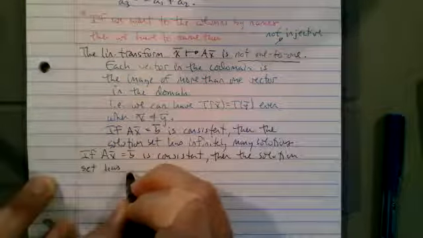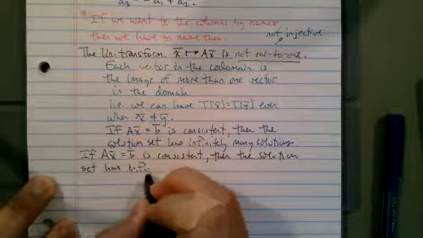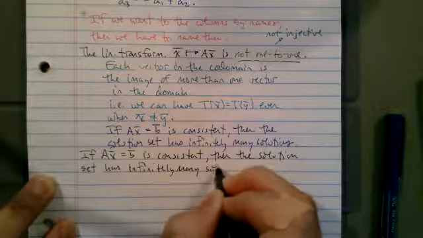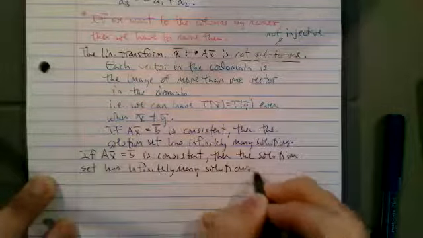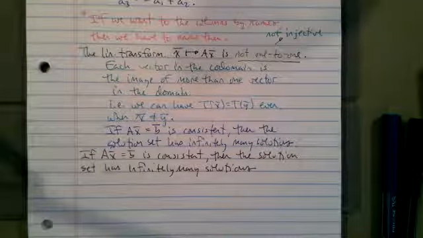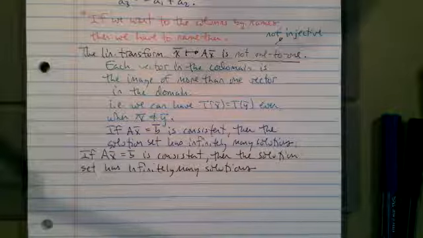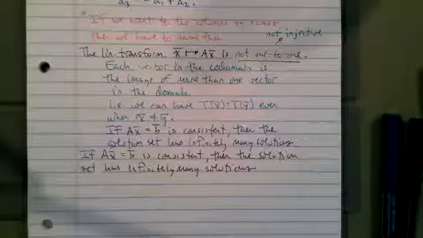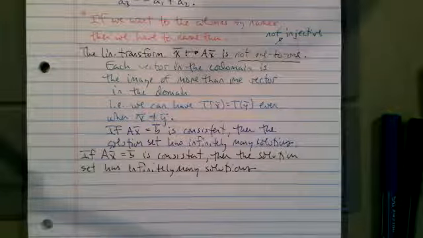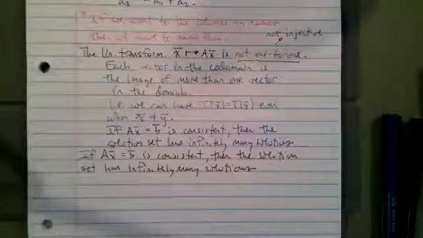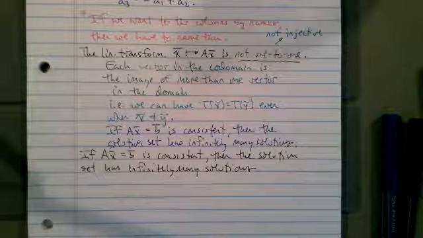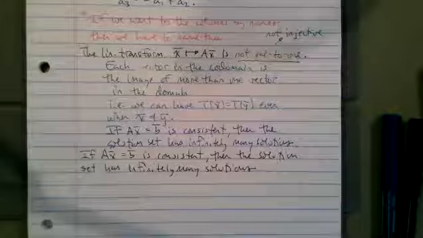A does not have a pivot in every column. The columns of A are linearly dependent. The transformation is not one-to-one. If Ax = b is consistent, then the solution set will have infinitely many solutions.